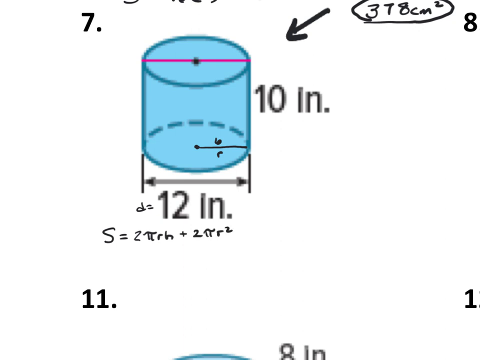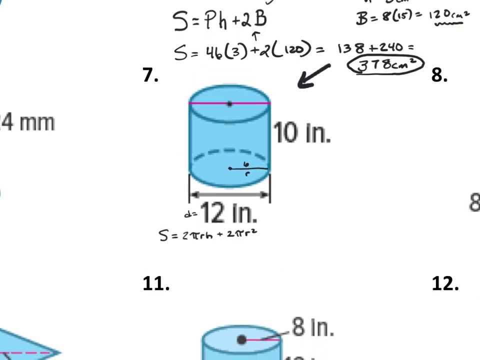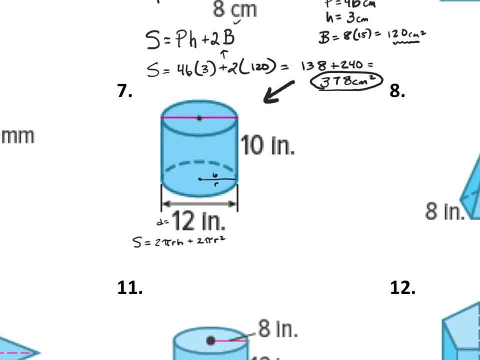Okay, again, we see our circumference formula, the height, the 2 times the area formula. So with that, I can see here that from there to there is my height, so h is equal to 10. The radius is going to be equal to 6.